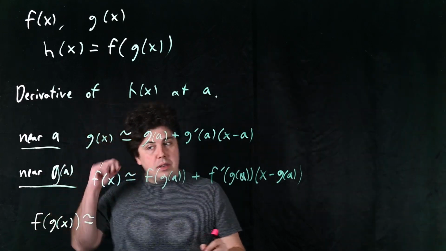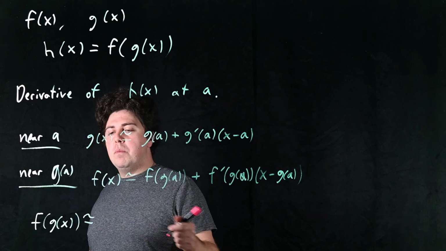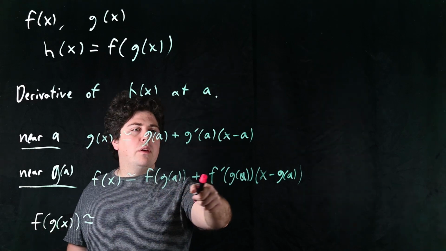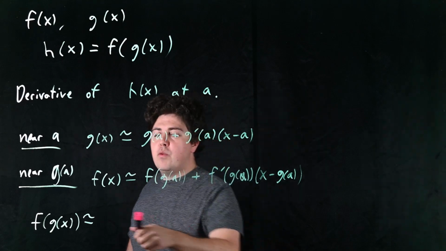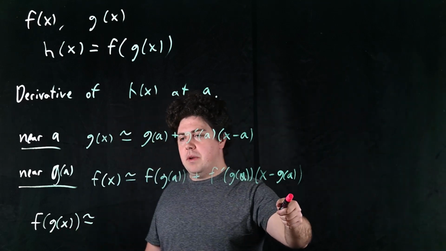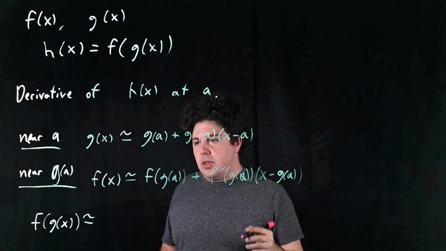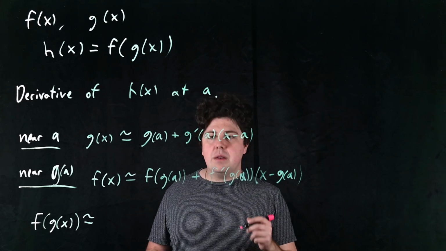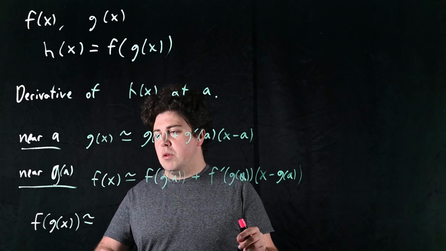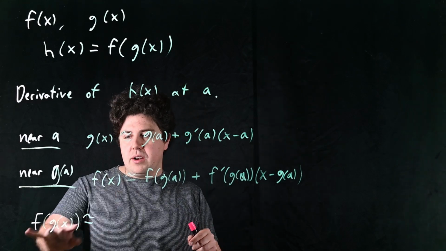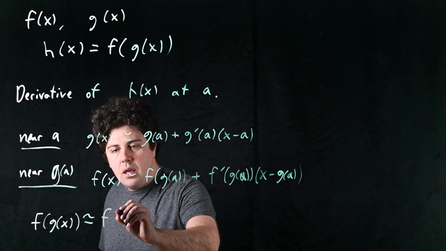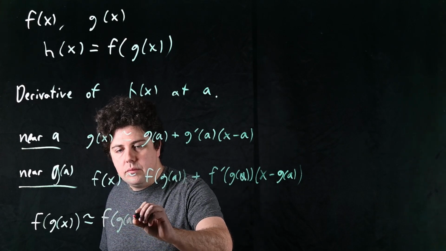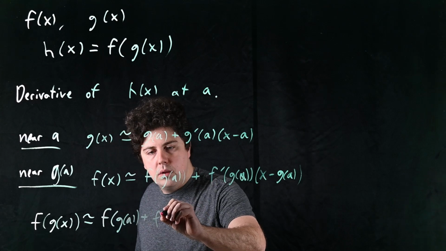That's approximately going to be, if we replace f with this approximation here, and if we replace g of x with this approximation here. So let's plug everything in. It's going to look a little messy for a second, but everything's going to cancel. So I'm using this approximation for f and this approximation for g, and I'm going to get this.